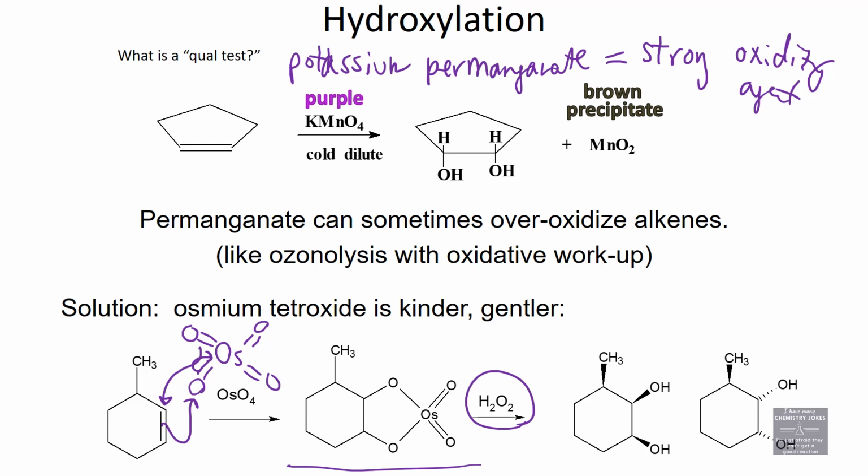Wait, why are these two products presented as they are? If I had designated this methyl as a wedge in the beginning, I still end up with my two OHs syn. My two OHs syn. But those being syn does not change the stereochemistry of the neighboring carbon.